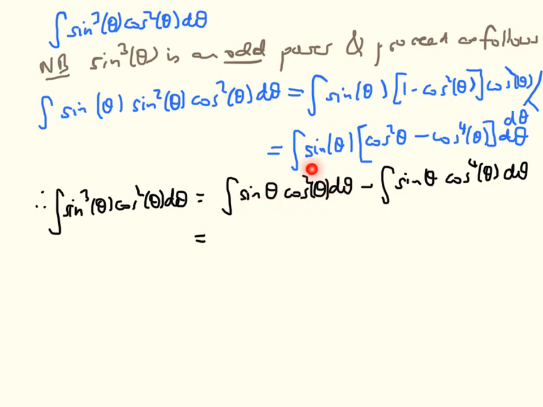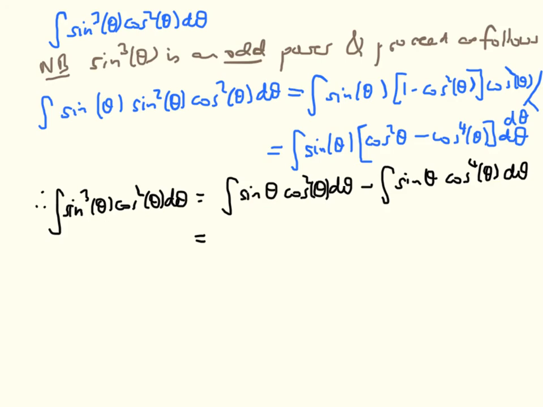This is the cosine squared multiplied by its derivative up to a sine. So if I increase the power by 1, I would have cos cubed theta. If I differentiate cos cubed theta, I bring a 3 down, I reduce the power to cos squared, and I multiply by the derivative of cosine, which is minus sine. I don't like the 3 and I don't like the minus sign, but it's easy to fix that.